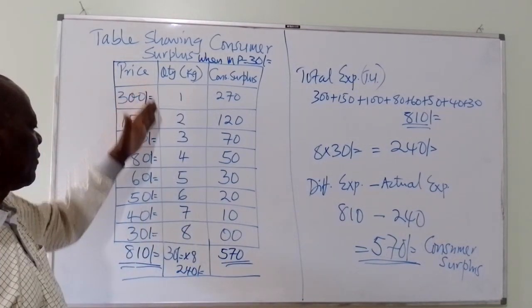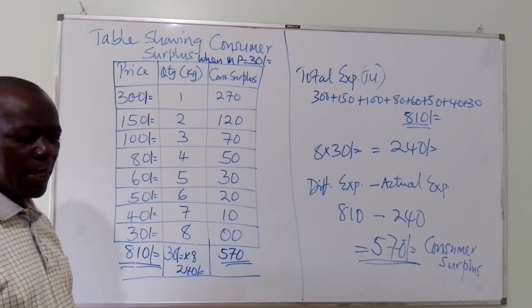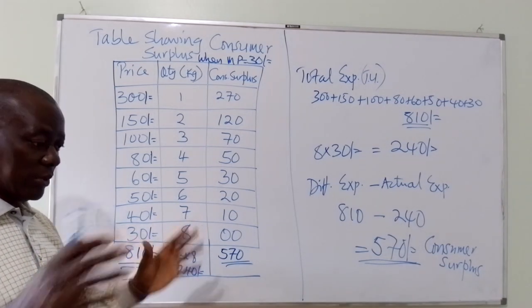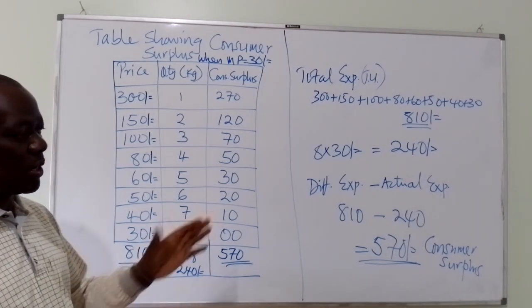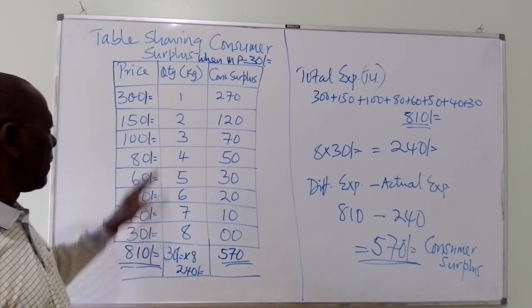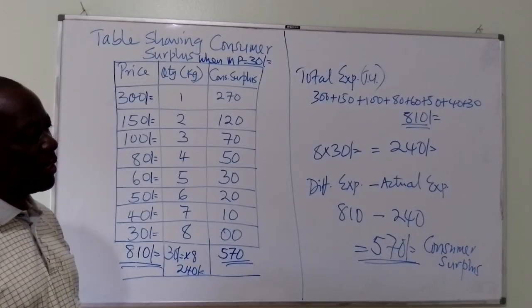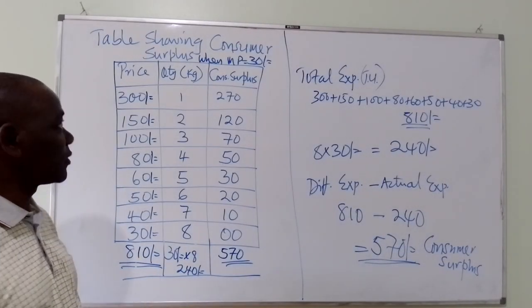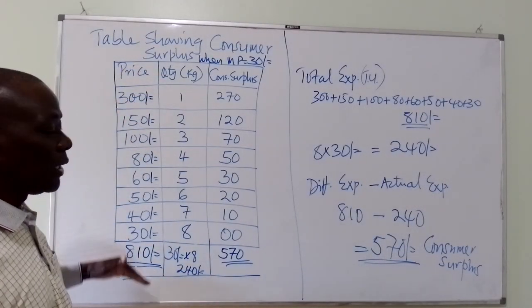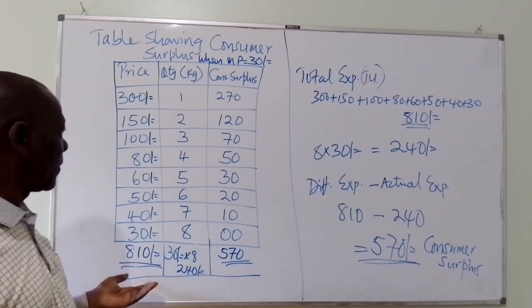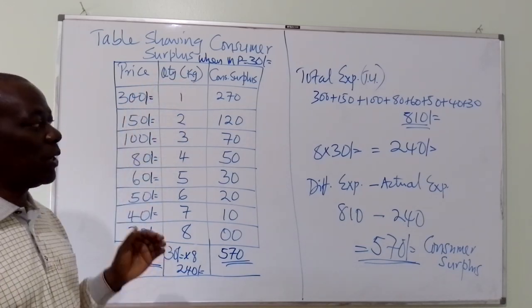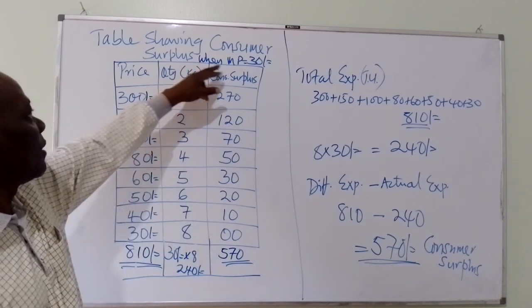If you have been given this table, earlier on we looked at the diagram and we saw how we calculated on the diagram. But now we are looking at the mathematical presentation. How do you calculate the consumer surplus? You get the total expected expenditure minus the actual. Where do we get the actual? We look at the market price.